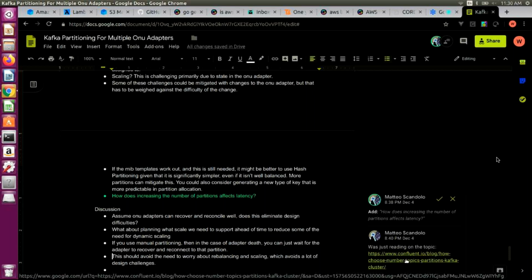It sacrifices some of the dynamicness, but it is simpler in the design. Okay, got it. Simpler to me right now is good for us.